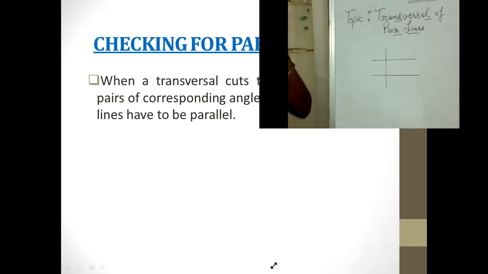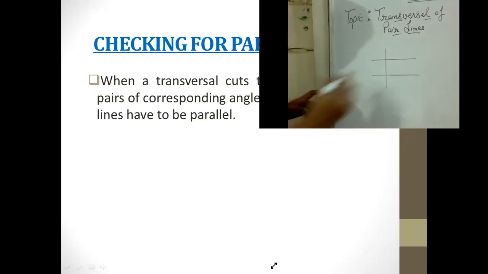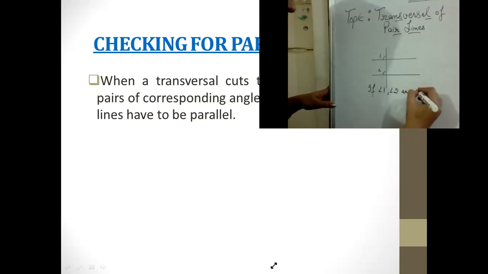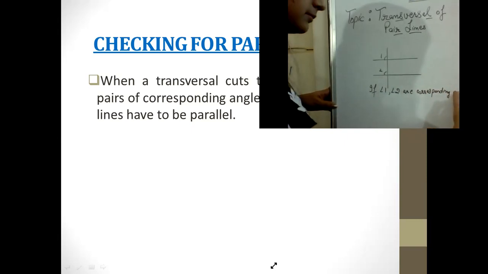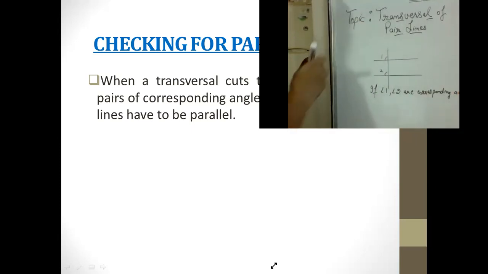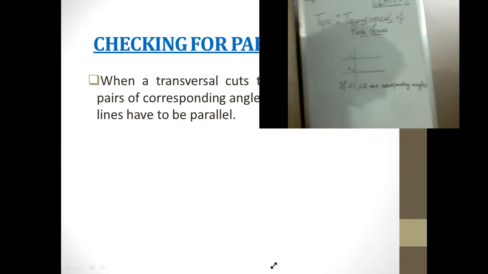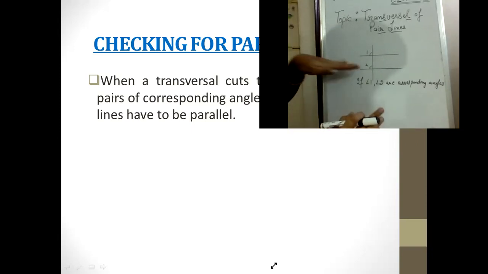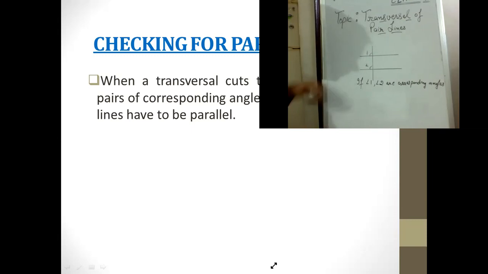Now they said that if two angles are corresponding to each other, like angle 1 and angle 2 are corresponding angles, then without even thinking, we are sure that these two lines are parallel to each other, without even measuring.